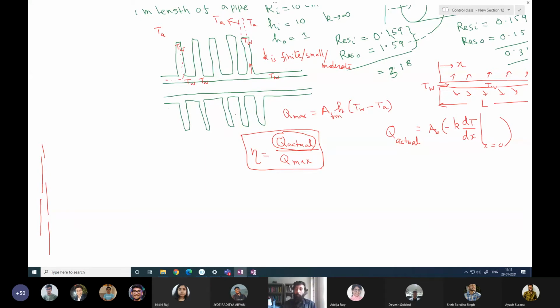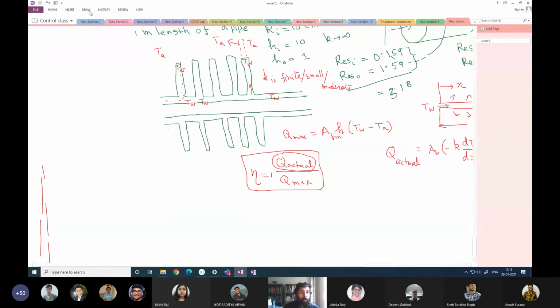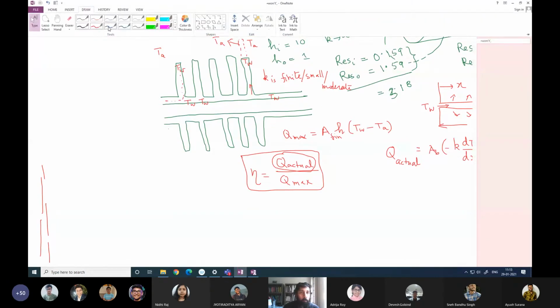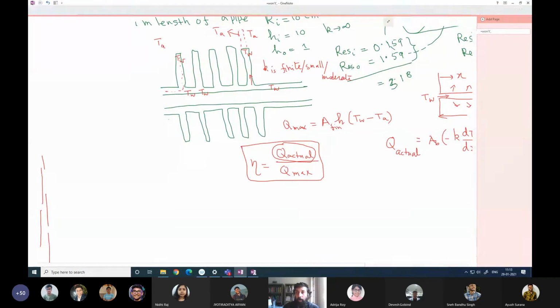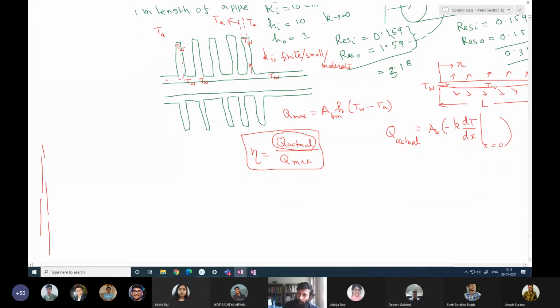Okay. So now let us see what we want to do. We want to obtain the heat transfer from the fin, and we'll take the simplest kind of fin. So the simplest kind of fin is like this. So it's a rectangular fin.